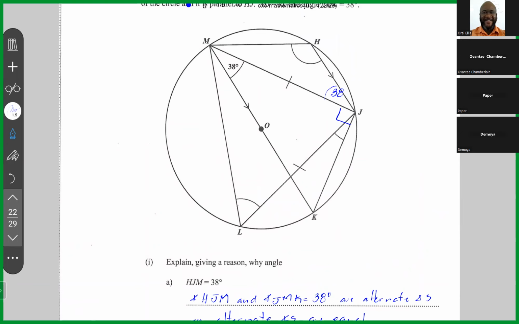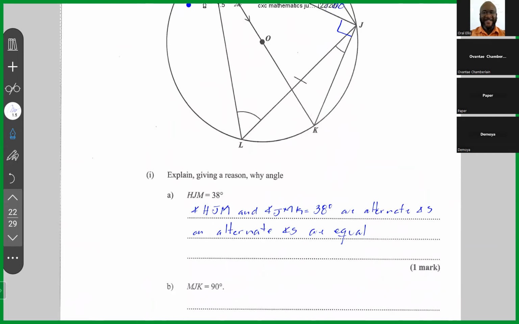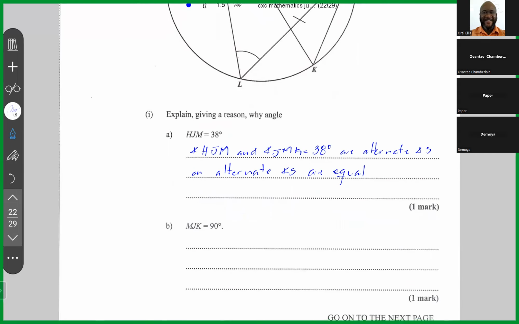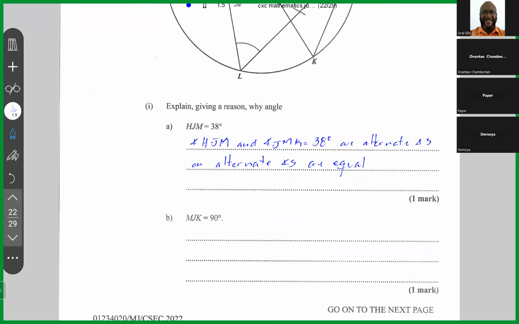So angle MJK is equal to 90 degrees because it is an angle in a semicircle.